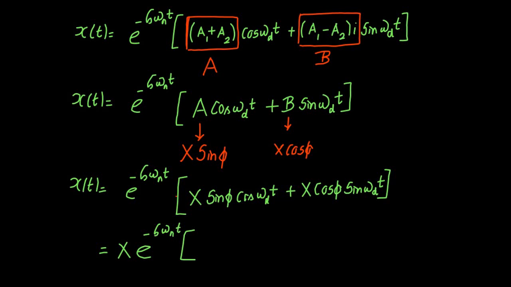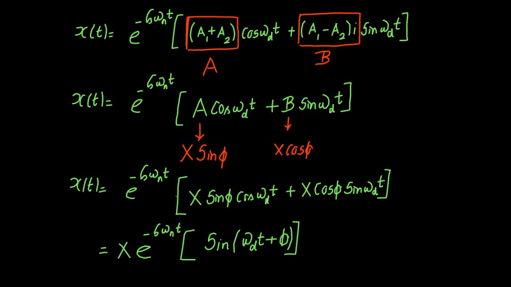So it's of the form sine a cos b plus cos a sine b, so that is sine of a plus b. So I can say it is sine of omega d t plus phi. So this is of the form sine a plus b.